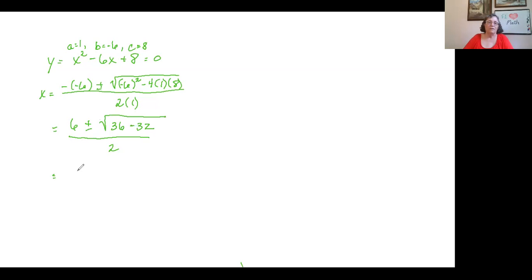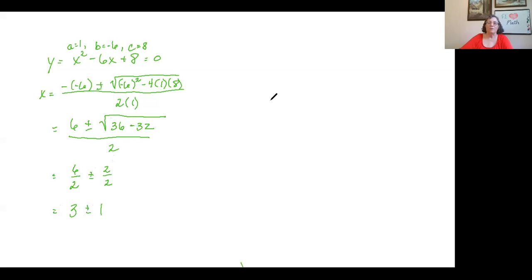Now, if I split this up into 2 fractions, I've got 6 over 2 plus or minus the square root of 36 minus 32, which is 4. So this is the square root of 4, which is 2. So this is 3 plus or minus 1.